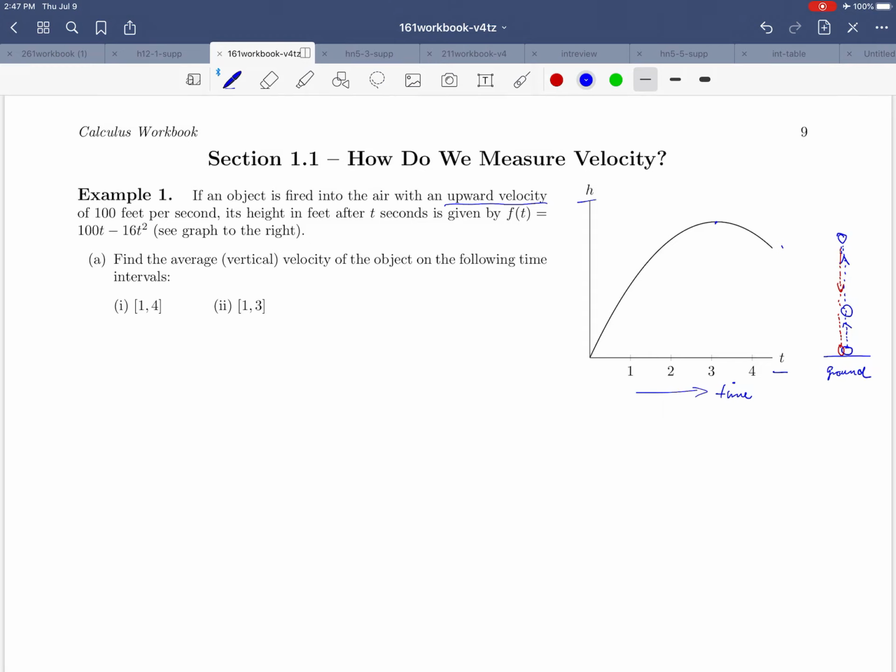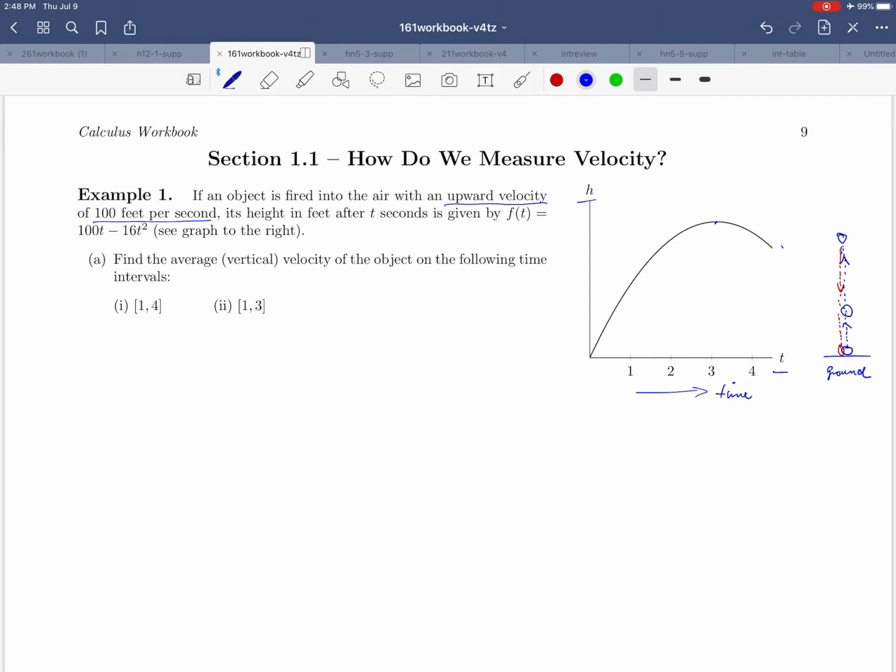We know the initial velocity, it's given as 100 feet per second, but you can imagine initially this object is moving up very, very fast, but then because gravity is pulling it down, it's slowing down and eventually turning around and eventually hitting the ground again. We would like to learn more about what is happening to the velocity of this object during those 4 seconds that we can see here on our graph.